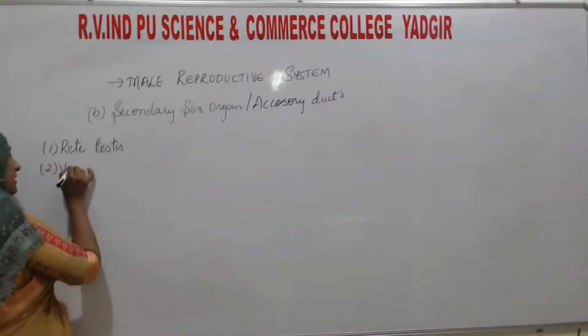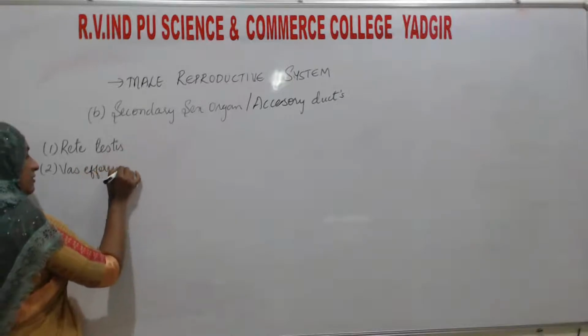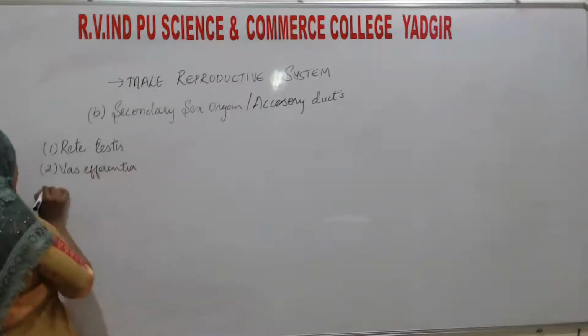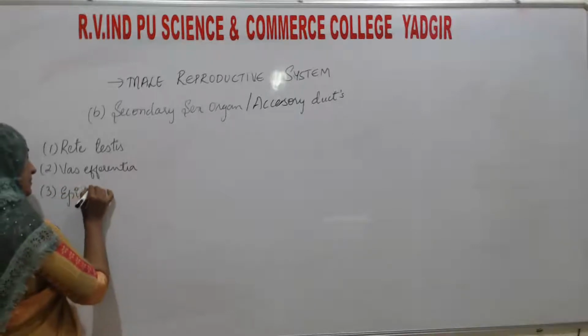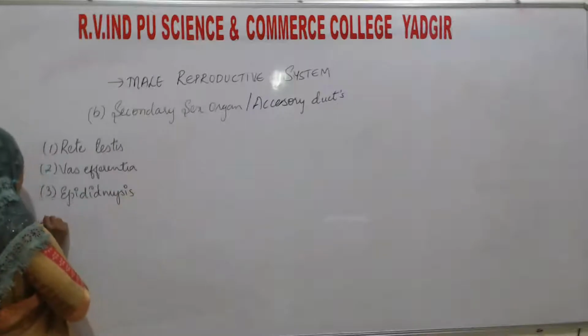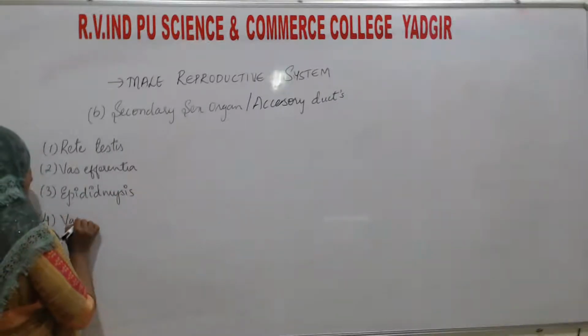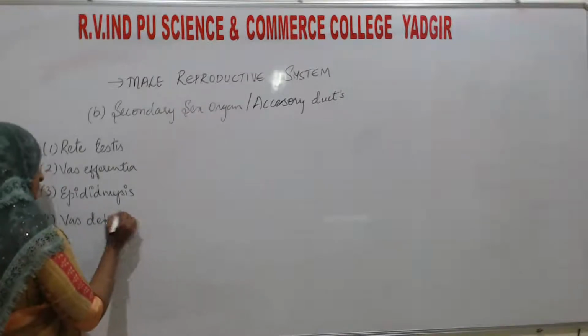Second, vas efferentia. Third, it is epididymis. Fourth, it is vas deferens. Okay.